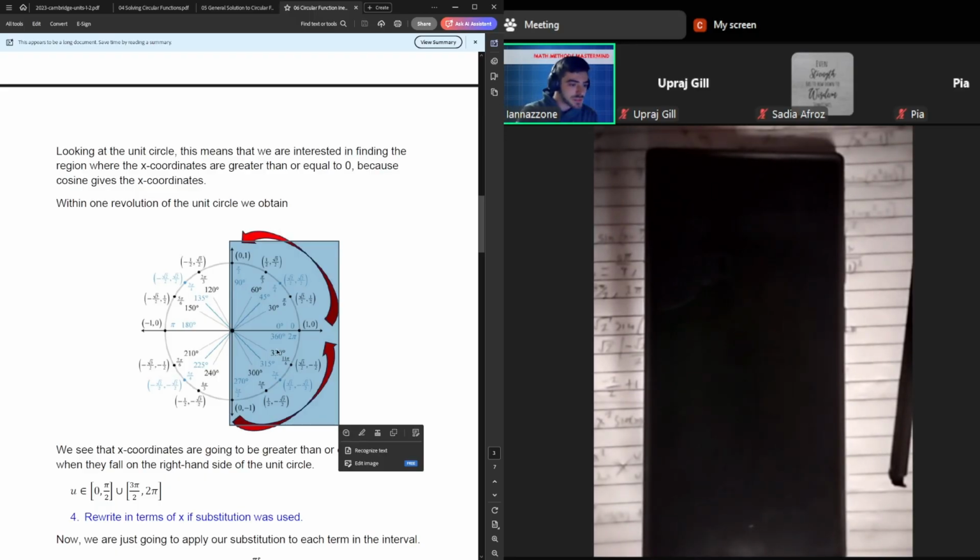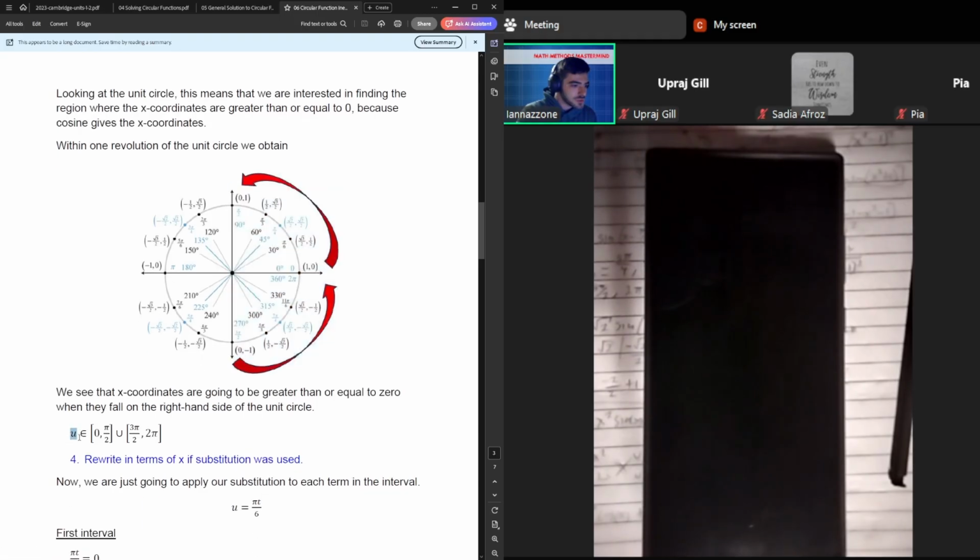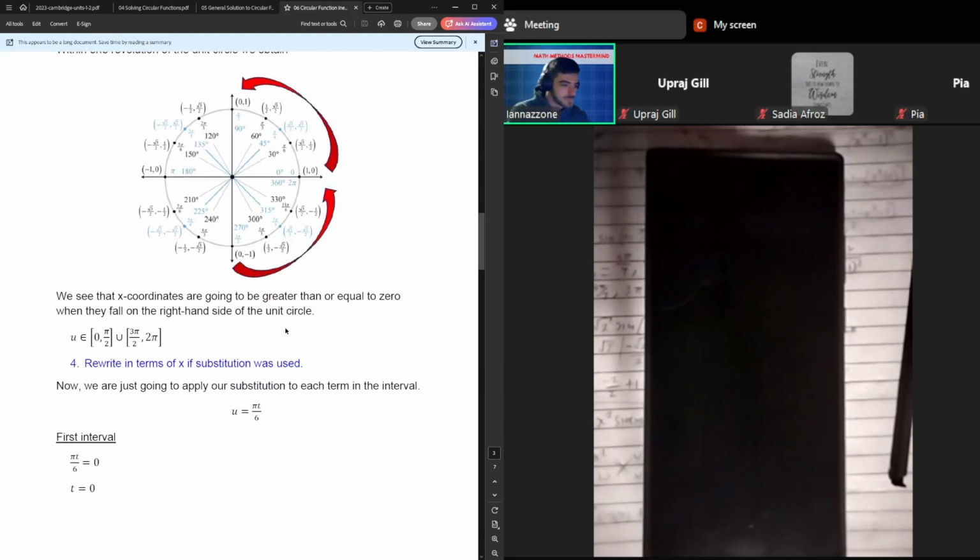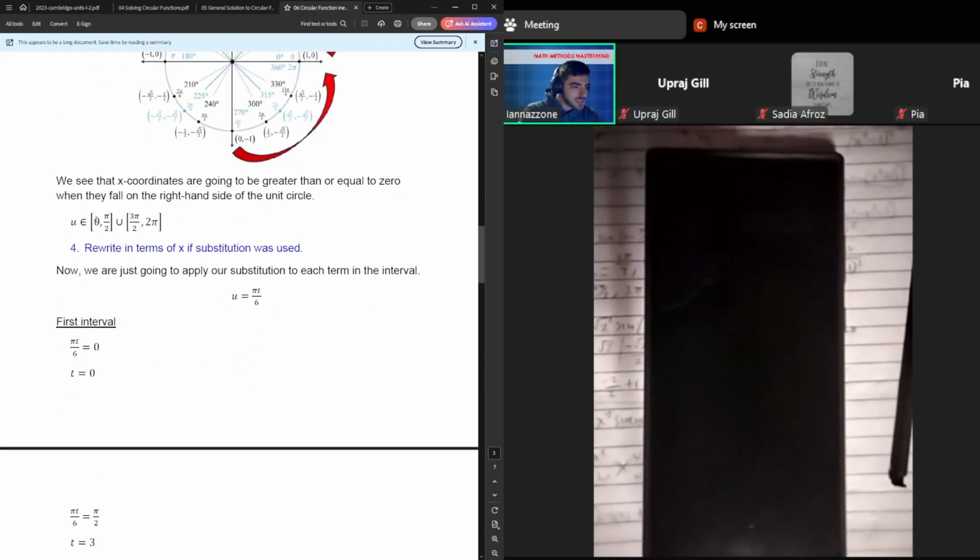So the way you would give this as a domain is you would say that u, because we did that substitution, is going to be between 0, the angle, and pi over 2. Remember, we do these things in terms of angles. 0 to pi over 2, and then another section, 3 pi over 2 to 2 pi. All you'd have to do from there is once again get everything back in terms of, in this case, t.